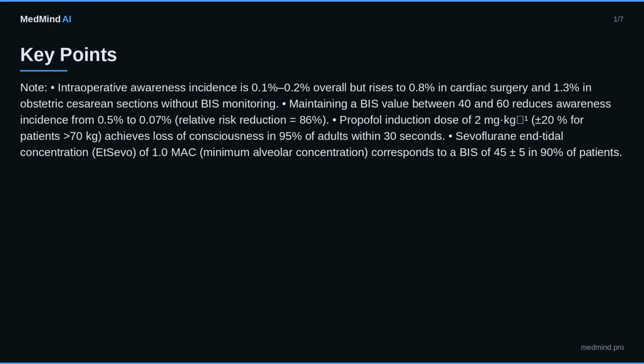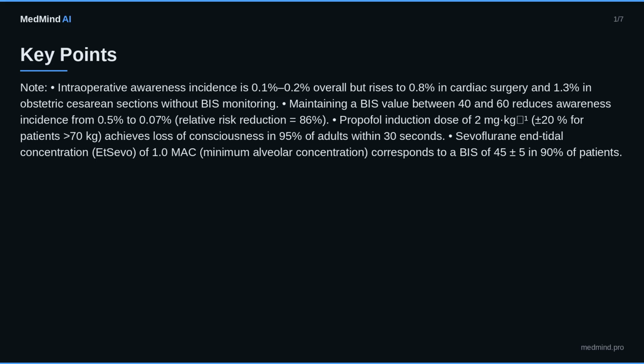Remifentanil infusion at 0.1 to 0.3 µg/kg^-1 min^-1 provides analgesia without affecting BIS, but doses greater than 0.5 µg/kg^-1 min^-1 may depress BIS below 30.